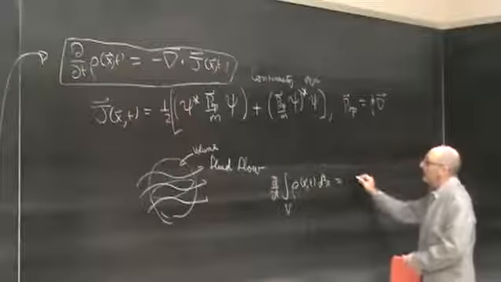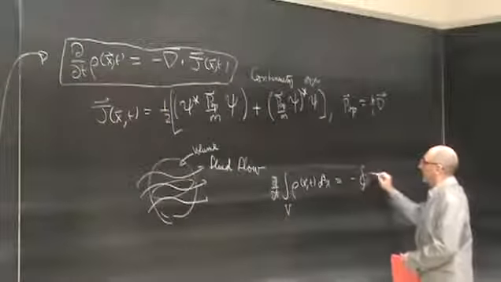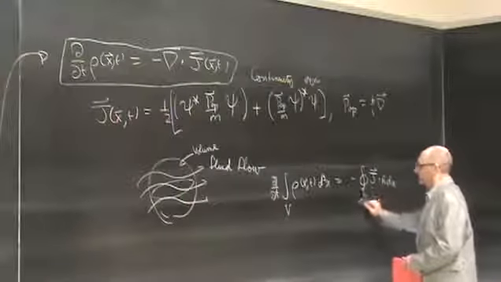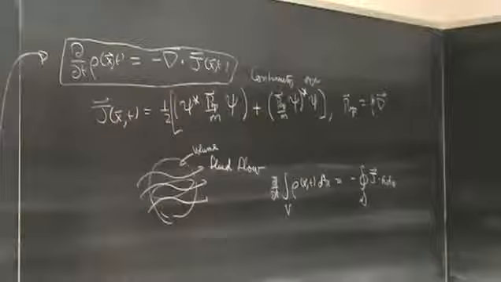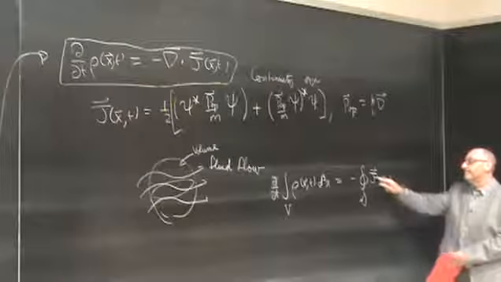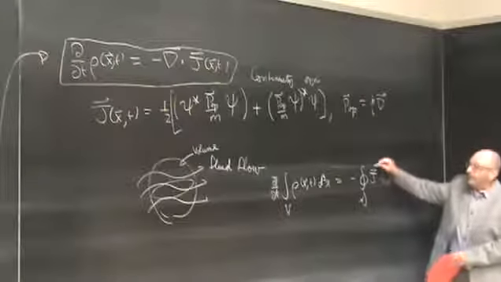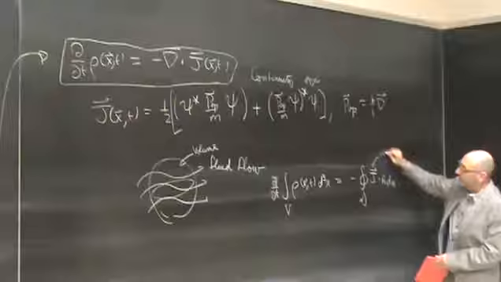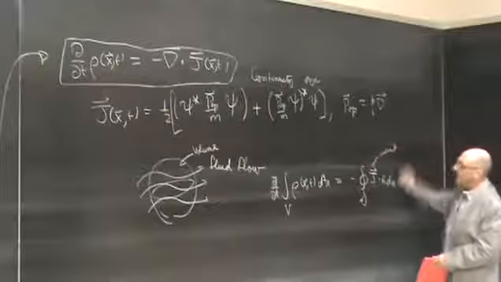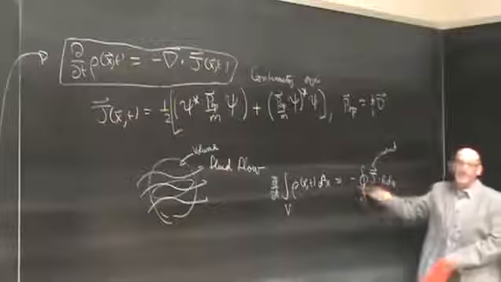Well, that by the divergence theorem is the flow of the fluid, or the current, the flux of the current out of the surface with a minus sign.